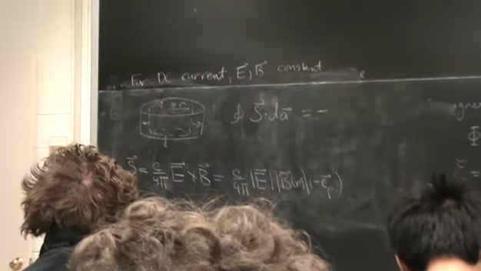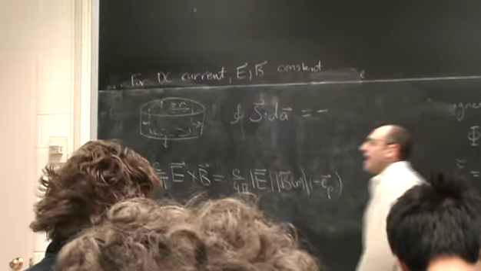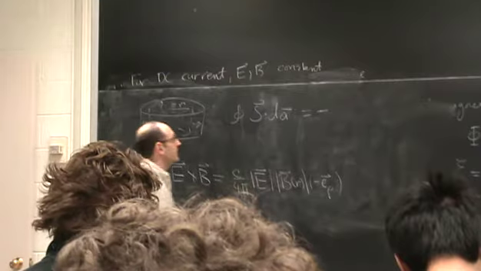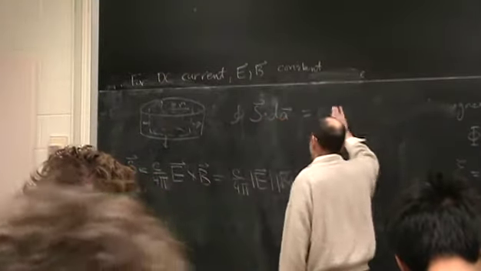The electric field is constant inside because it's proportional to J, and J is constant inside the resistor.